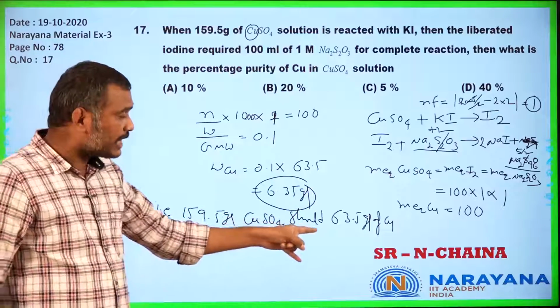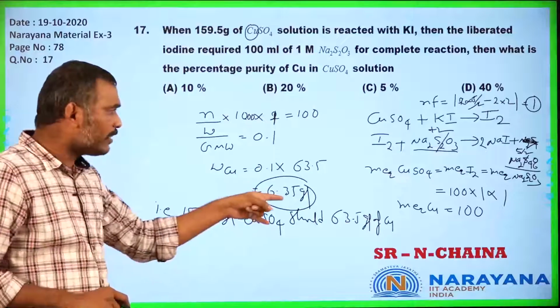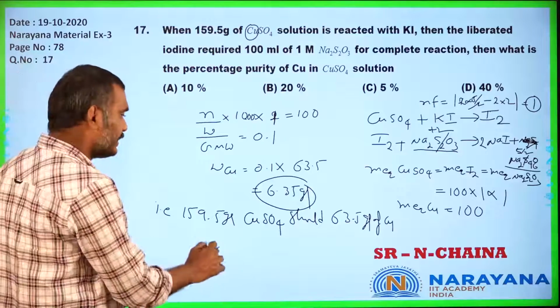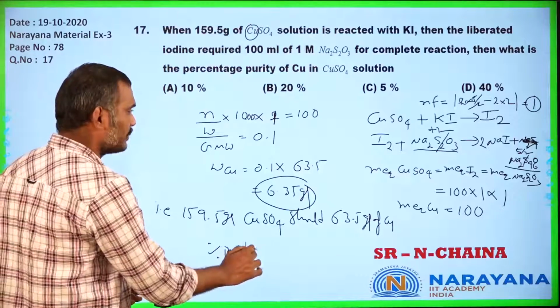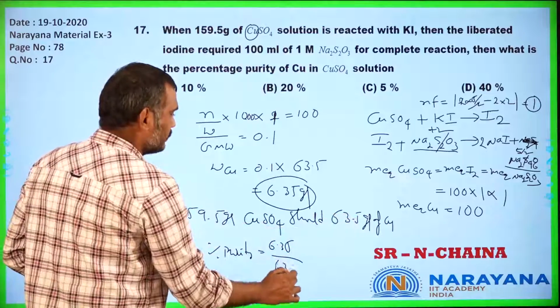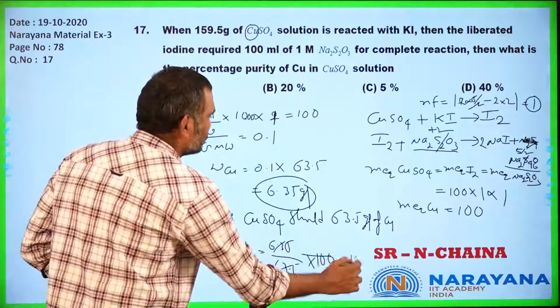Yes or no? Now the percentage of purity is equal to the weight of copper obtained by the copper that should be present into 100. That is equal to 10%.